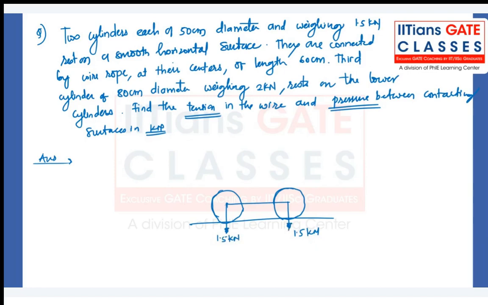Then we have this big roller, of 80 centimeter diameter, and weight is 2 kilonewton, and they are connected by using wires.